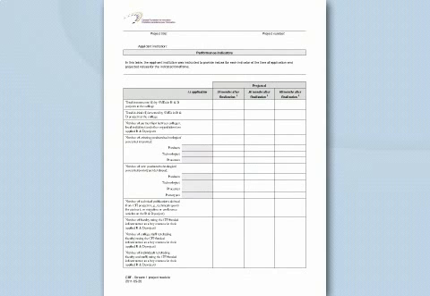Yes, so I wanted to show you here a little bit about the performance indicators. So the performance indicators are a bit like what CCI is asking its applicants.